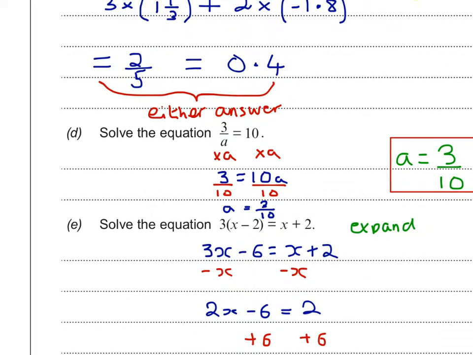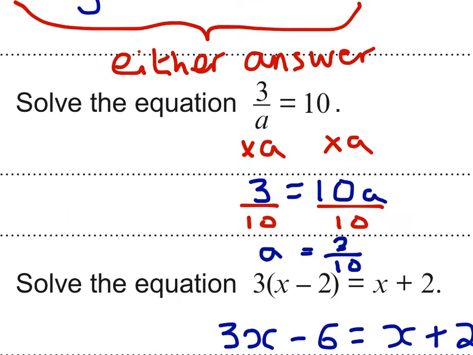Okay, next question then. 3 over a equals 10. Remember, when we got 3 over a equals 10, we're trying to end up with a equals. The problem we've got here is to get a on its own, we want to get rid of the fraction first. So to get rid of the divided by a, you multiply that side by a, and whatever you do to one side, you do to the other side.